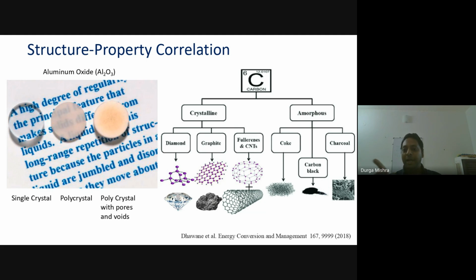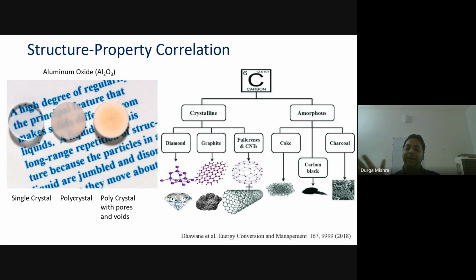Similarly, if you look at amorphous carbon, it is in the form of charcoal, coke which you burn like a fuel, carbon black. This is used in forming some carbon structures, carbon foams.